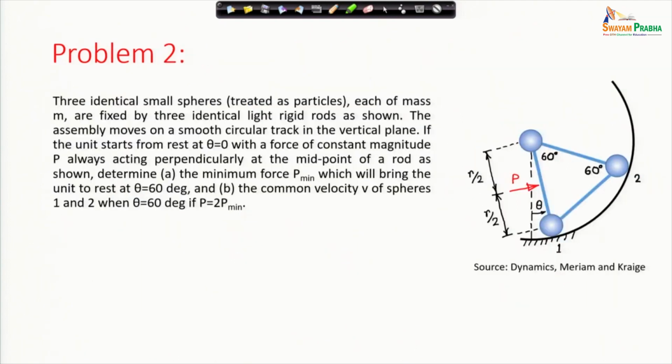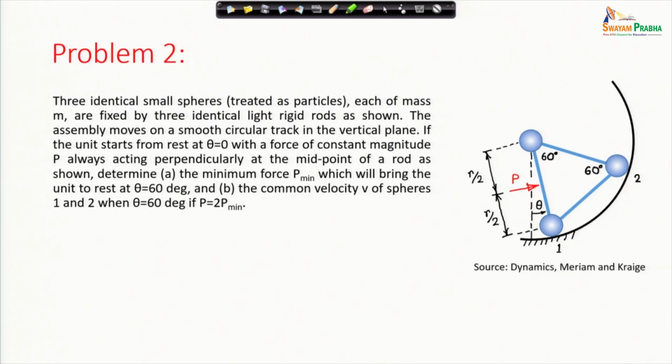Let us look at an example. Three identical small spheres, which are to be treated as particles, each of mass m, are fixed by three identical light rigid rods as shown. The assembly moves on a smooth circular track in the vertical plane.